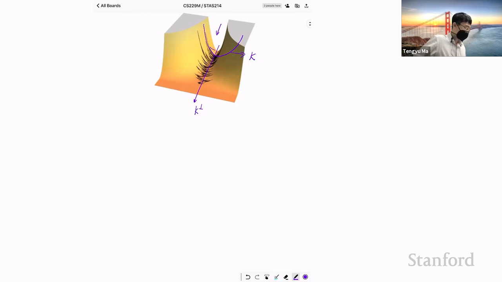So the main term is doing the bouncing, and the lower order term is accumulating in the direction of the valley. Any questions so far? I'll go back to this figure probably once again, once I do a little bit more math.